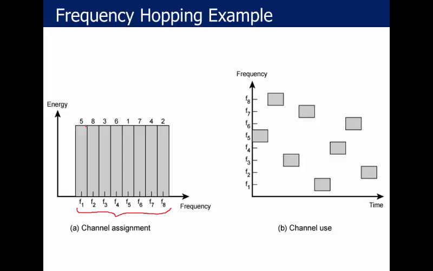But in the real world, last week we looked at, for example, cellular signals, 802.11b, at around 2.4 gigahertz, there's some bandwidth, right?